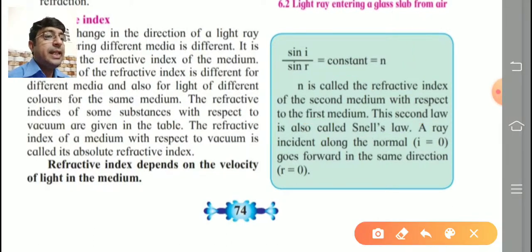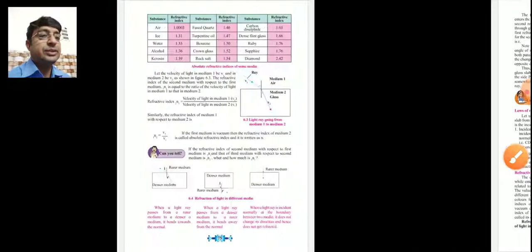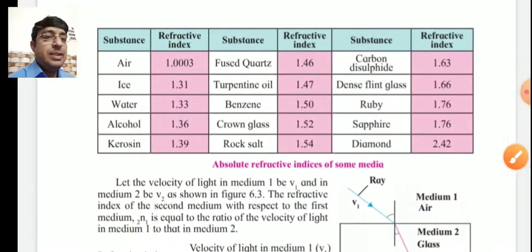Next, a ray incident along the normal, that is i is equal to 0, means the angle is not forming. So that incident ray is passing in the direction of the normal. Then what happened? It goes forward in a straight line, in the same direction. So the angle of refraction is also 0. Check, one table is given.